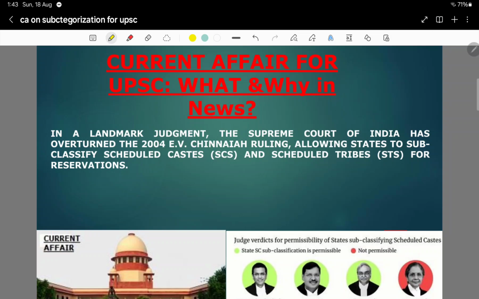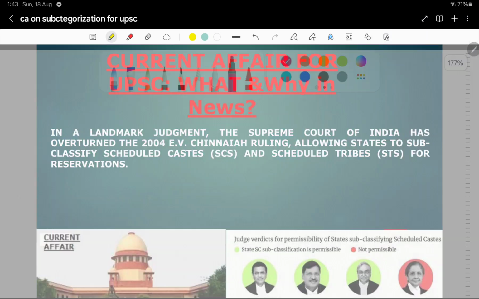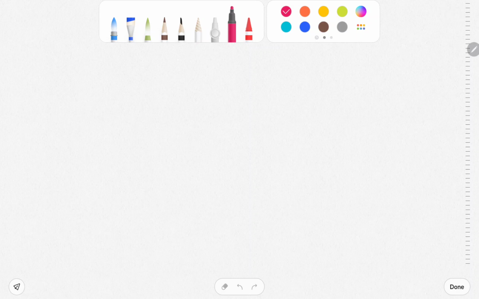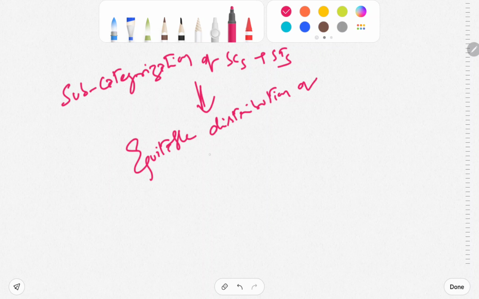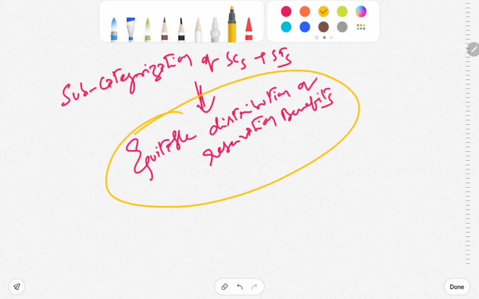In other words, to understand this topic, subcategorization of SCs and STs is all about equitable distribution of reservation benefits, ensuring that the most marginalized within these communities receive the support they need.